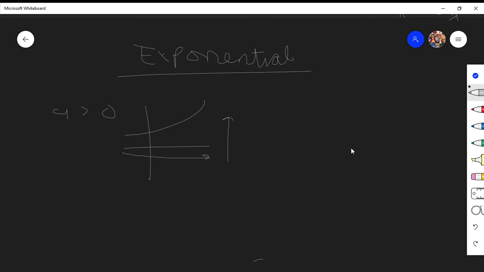And when a is less than 0, our function would then look like this. As you can see here, as the x values are getting bigger, our y values are decreasing. So this is a decreasing function.